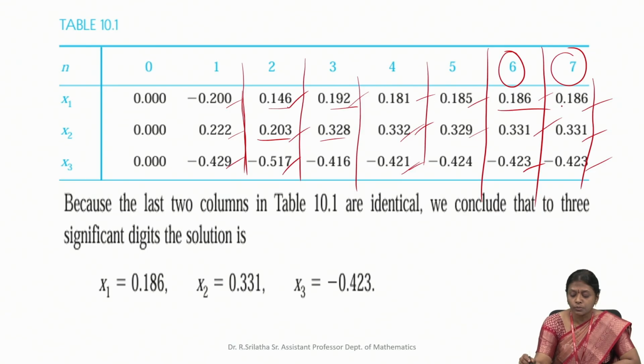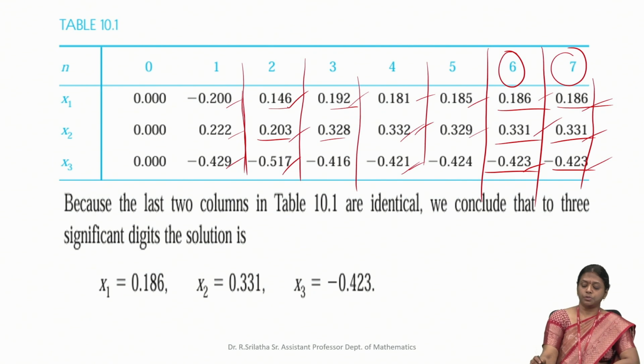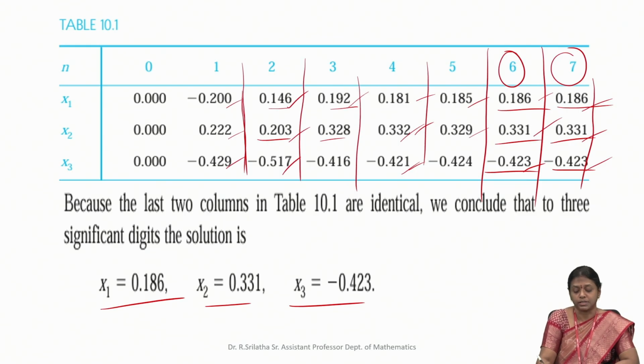So here 0.186, here also 0.186, here 0.331, here also 0.331, and this is minus 0.423, this is also minus 0.423. So both the sixth iteration and seventh iteration values are identical. So we conclude that, significant up to 3 decimal places, we got the unknowns, that is x1 value as 0.186 and x2 as 0.331 and x3 as minus 0.423.